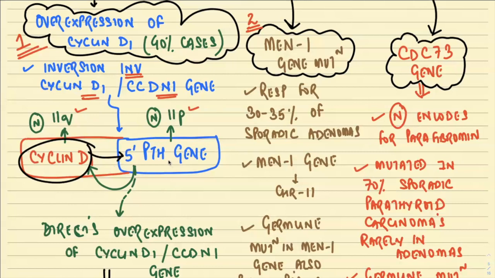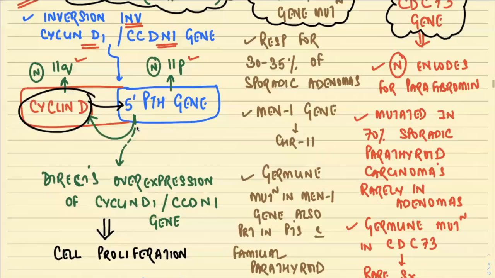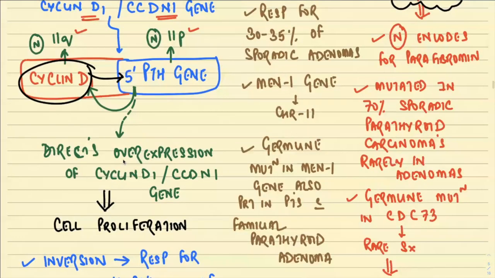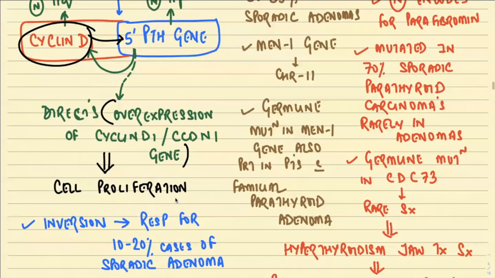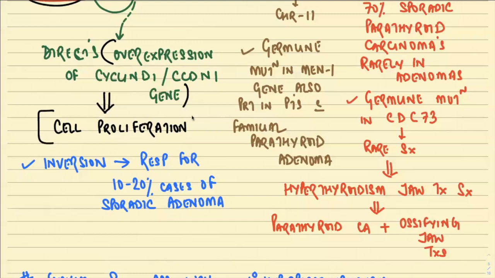As a result, this 5' region drives the overexpression of cyclin D1. And if you remember, cyclin D1 is the one that facilitates the cell cycle, ultimately leading to proliferation of the cell. So because of this inversion, there is a direct overexpression of the CCND1 gene that will lead to cell proliferation. Okay, very clear.